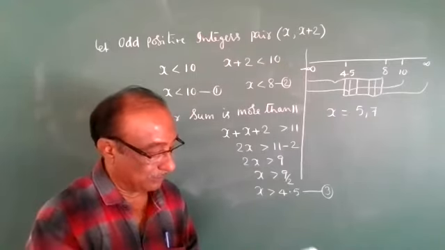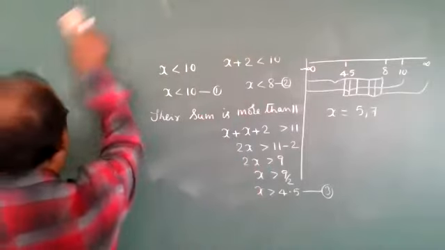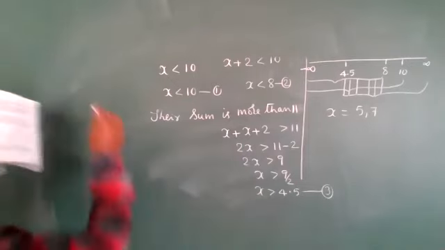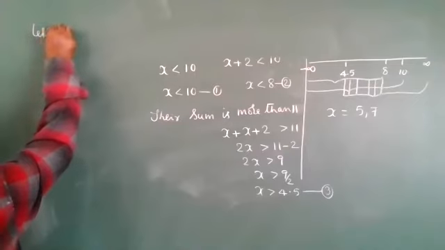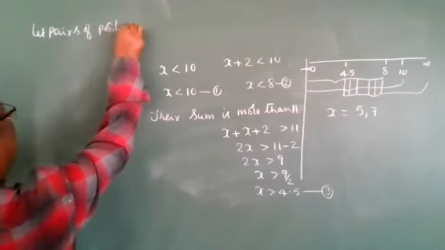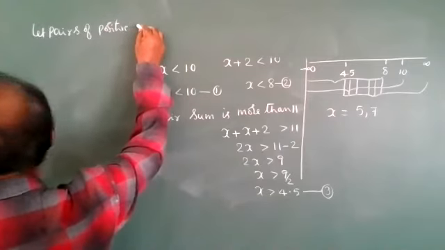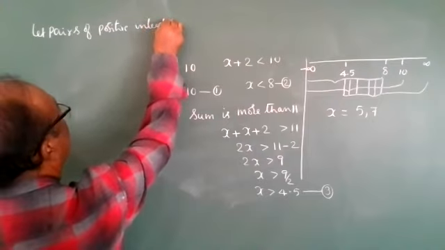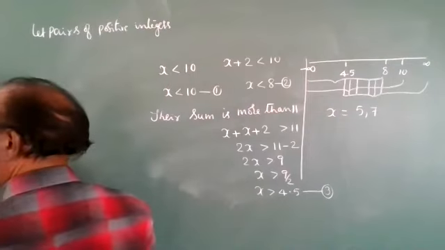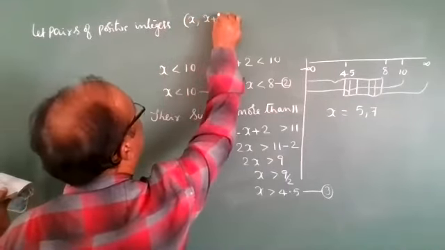Find all pairs of consecutive even positive integers, both of which are larger than 5, such that their sum is less than 23. Let the pair of positive integers be x and x plus 2.